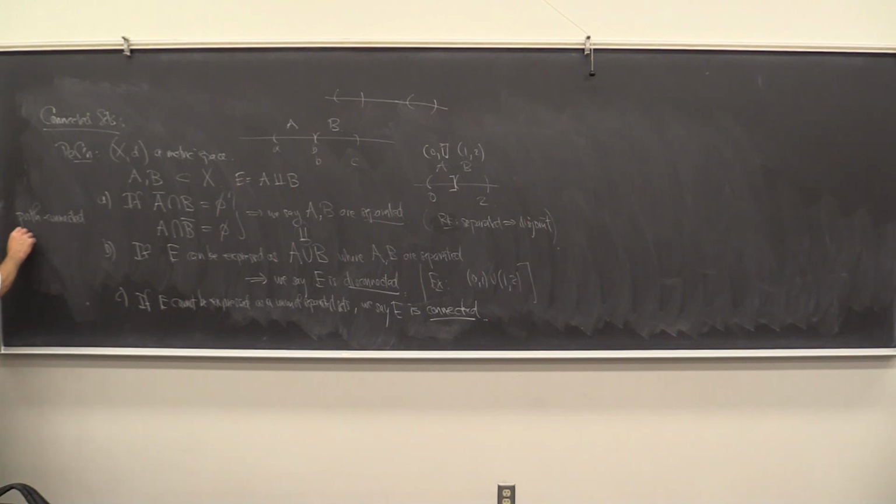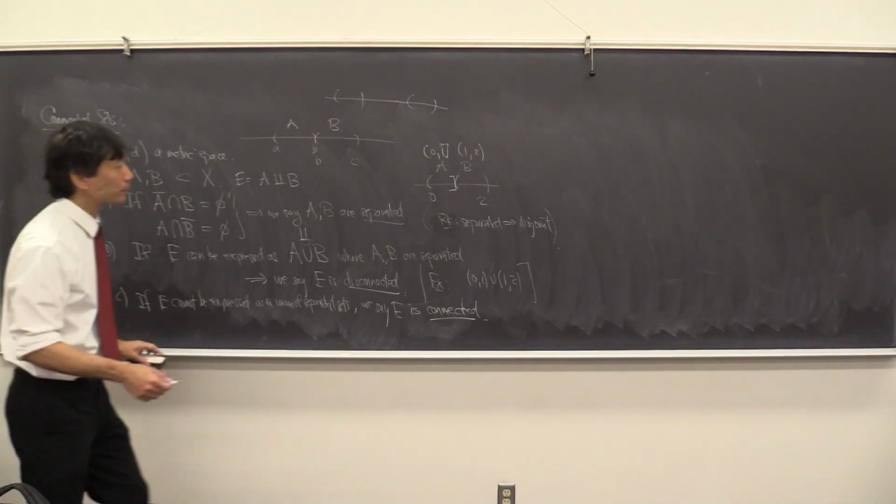It means you have a set, and every pair of points can be joined by a path that lies within the set. So every point is path connected to every other point. Something like this, of course, would not be path connected, because I can't get from this point to that point without leaving the set. But we're not even going to talk about that here.